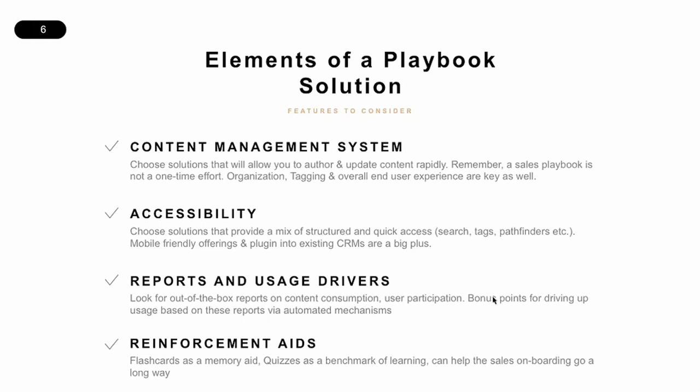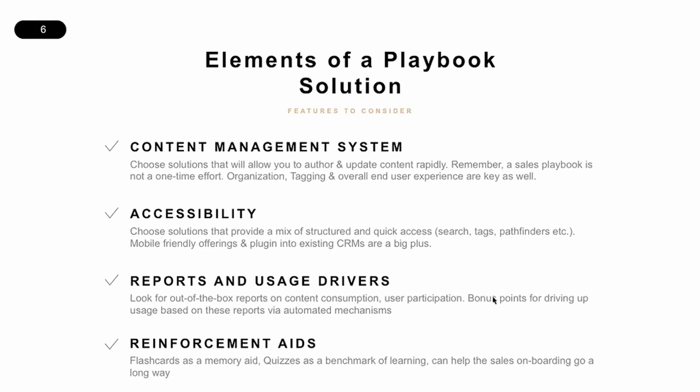Being able to organize content in a hierarchical fashion, allowing salespeople to use a powerful search function to find the content they are interested in very quickly, and being able to plug into an existing CRM so that the content gets surfaced contextually within a lead field, are all considered under accessibility.